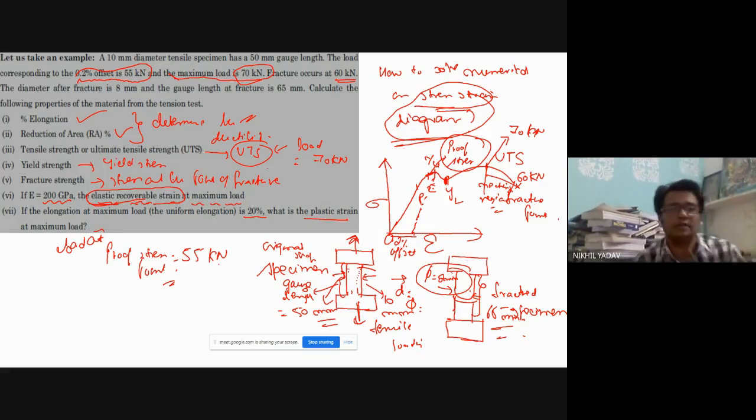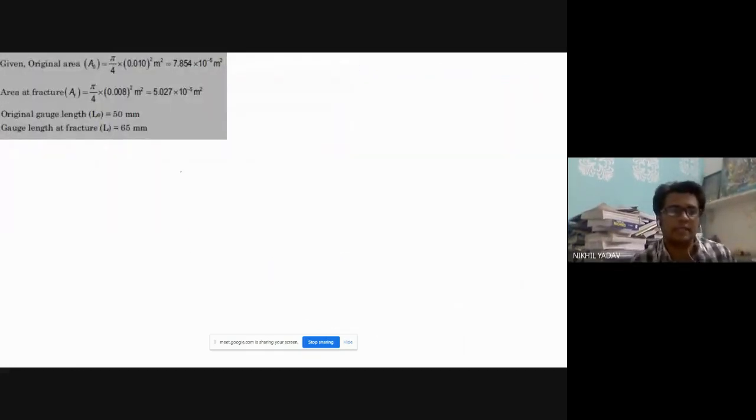So we have to find out first how much elastic recovery has taken place, and then we have to find out how much plastic strain has taken place if the elongation at the maximum load is 20%. Okay, done.